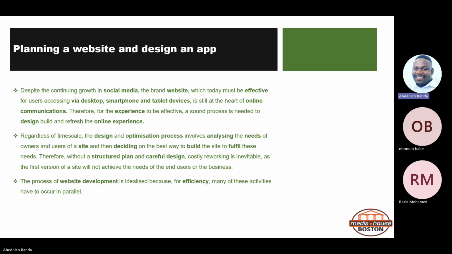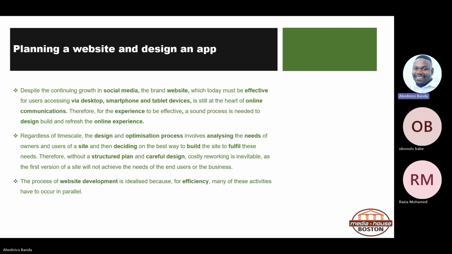So therefore, for the experience to be effective, a sound process is needed to design, build, and refresh the online experience. Regardless of timescale, the design and optimization process involves analyzing the needs of owners and users of a site and then deciding on the best way to build the site to fulfill these needs.